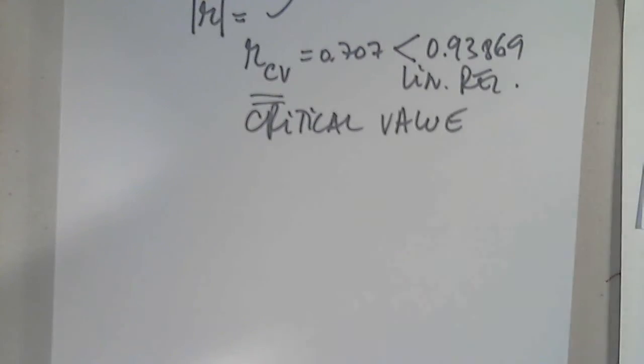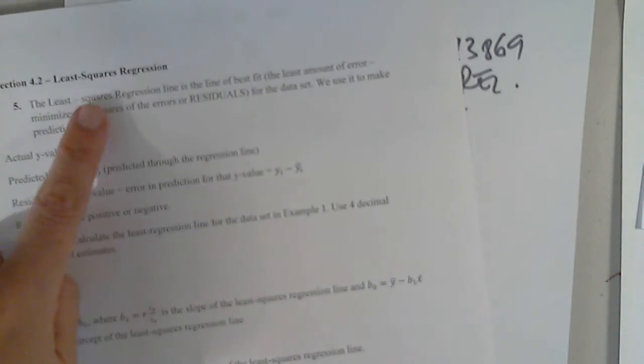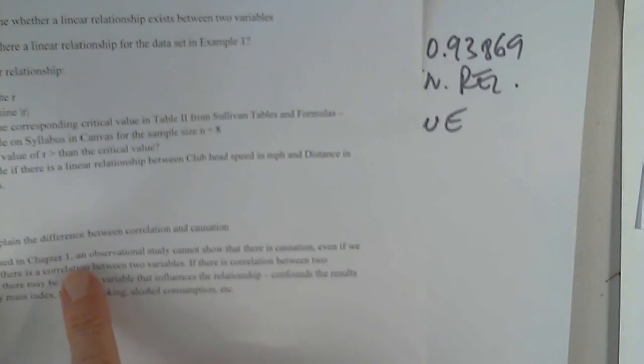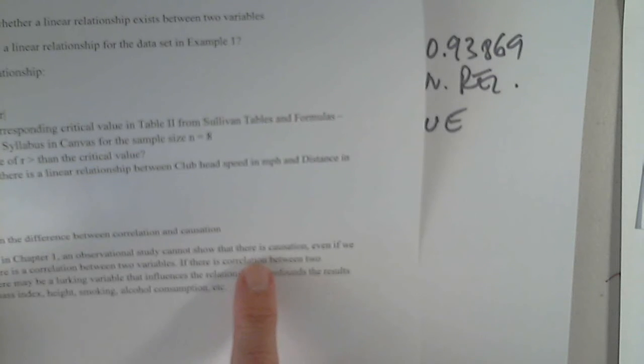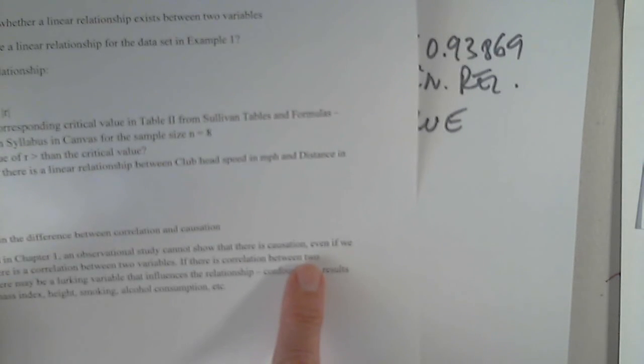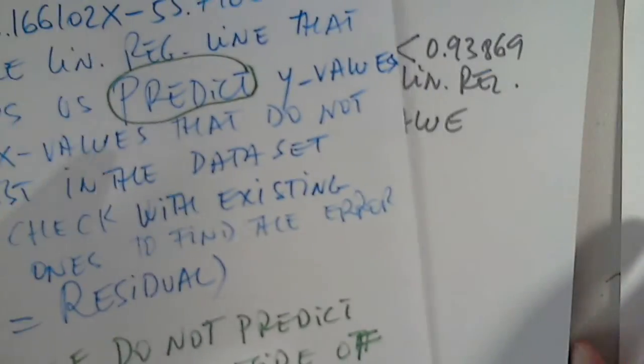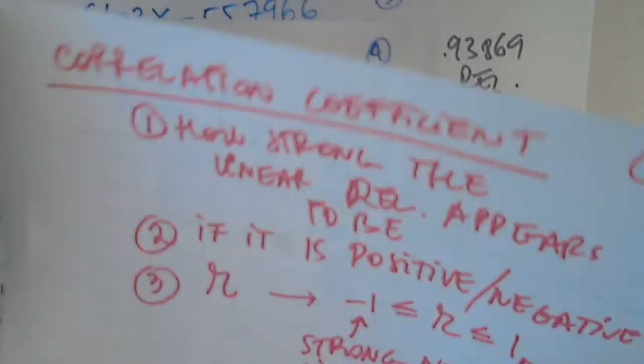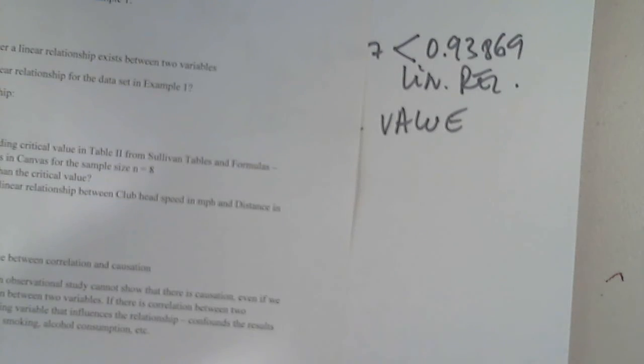Before we look at, finally, 4.2, which is the least squares regression, I just put a little note in here: explain the difference between correlation and causation. As discussed in Chapter 1, an observational study cannot show that there is a cause, even if we conclude that there is a correlation between two variables. I was giving you at the very beginning a simple example with, let's say, number of cigarettes and blood pressure.